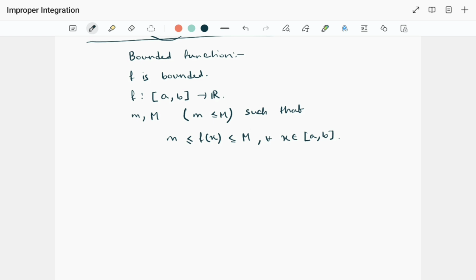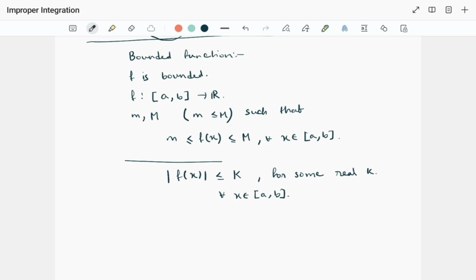Or if we take the modulus, we can just write |f(x)| ≤ k for some real number k, for all x belonging to the closed interval [a, b]. So this is the definition of a bounded function.